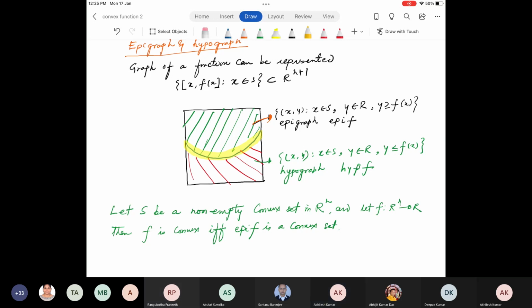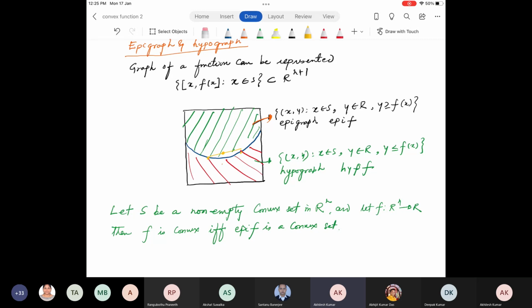No, sir. If you take any point, it will fall under this one. But if you look at the hypograph part, let me draw it in red. All of you can see that the epigraph is convex, but for the hypograph it is not necessarily true. If I take one point here and one point here, it may be that the point will fall outside.